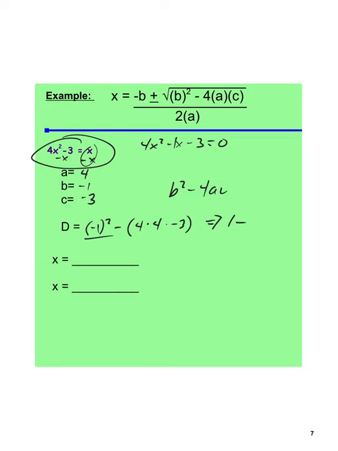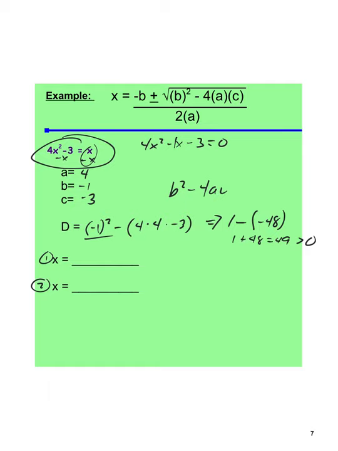So if you're doing this on your calculator, make sure you put the parentheses around the -1 there before you square it. 4 times 4 is 16. 16 times a -3 is a -48. So this would be 1 plus 48, which is 49, which means, again, that there are two real solutions because 49, of course, is greater than 0. And if your discriminant is greater than 0, you have two real solutions.